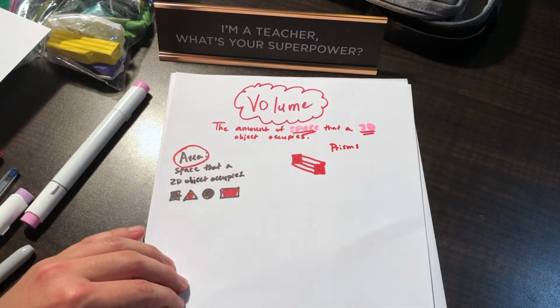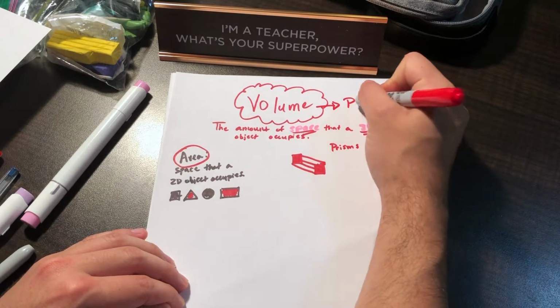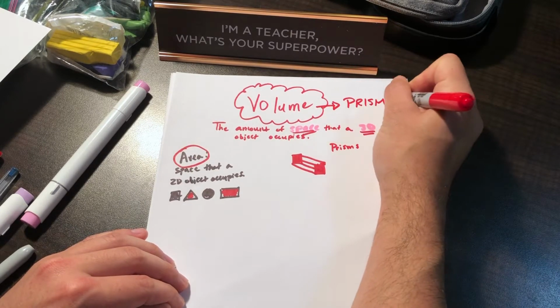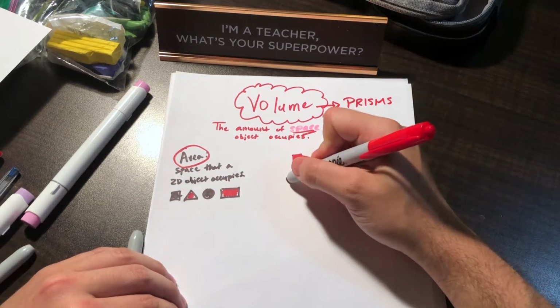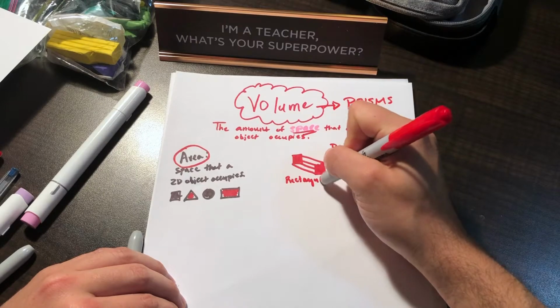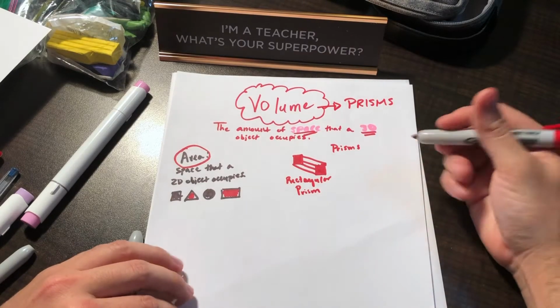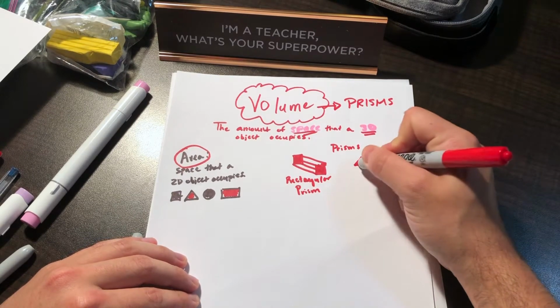Today, we're gonna be talking a lot about volume, but specifically the volume of things called prisms, okay? Volume of a prism. So this is called a rectangular prism. Okay. What do you think this might be called? Let me try to draw this one out for you.